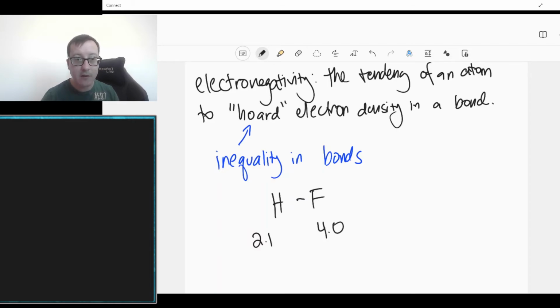I think I have a table of these in Discord, maybe I don't. I can put one. We're going to see that, here we go, this is electronegativity. We see these values will have a trend, just like before. And these are the tendencies of things to kind of hoard electrons. They withdraw them towards themselves, so they're not shared equally.